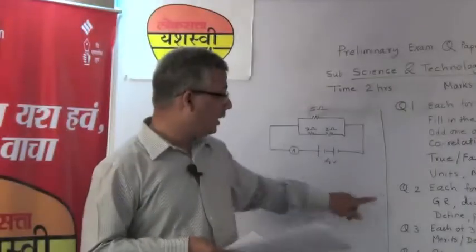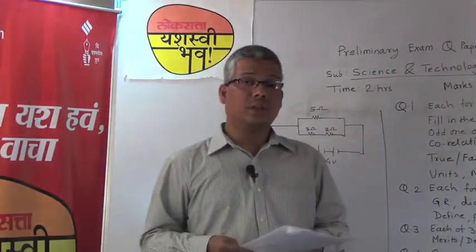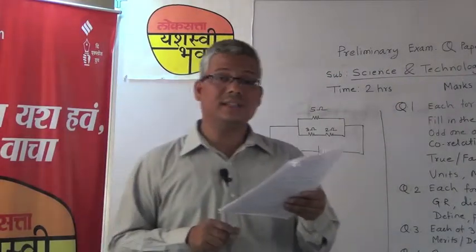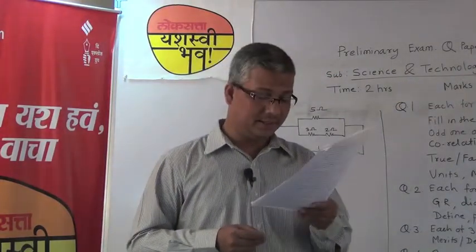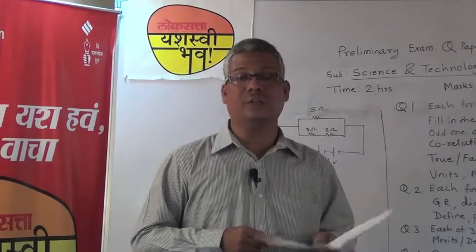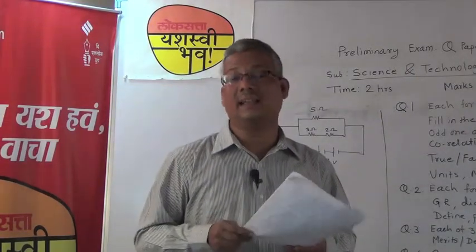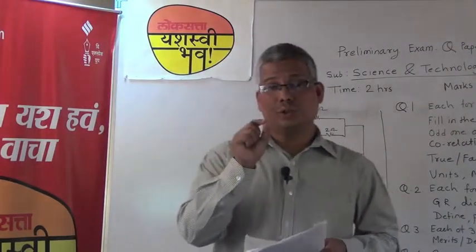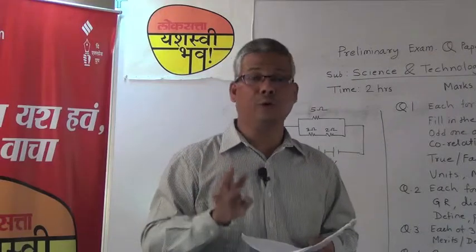Now we are dealing with question number 2. In question number 2 of our paper, the first question is asked for a scientific reason. This scientific reason is related to the twinkling of stars at night. What is important is that you should first split up the answer into 4 points.